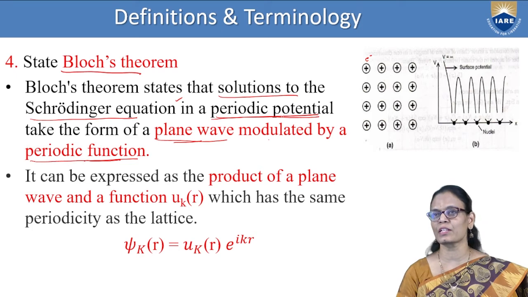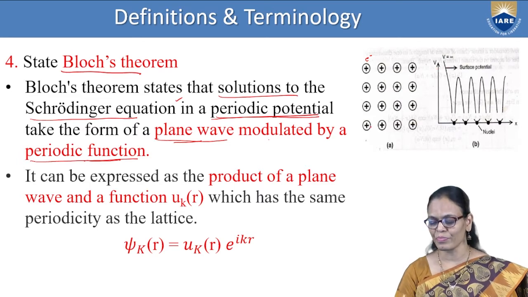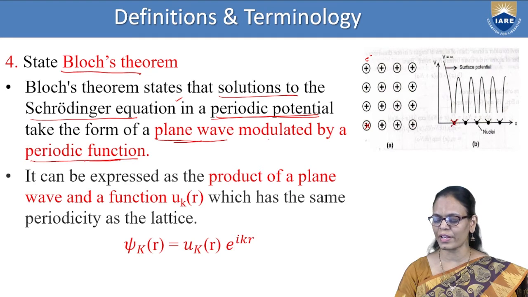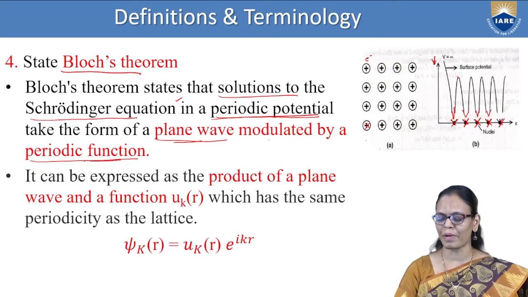Why periodic potential we say here? If you see in the second diagram here, when we talk about the potential at the positive ion sites, the potential is always minimum. If you see here, these are the positive ion sites. The potential is minimum here at the positive ion sites and maximum in between the ion sites.